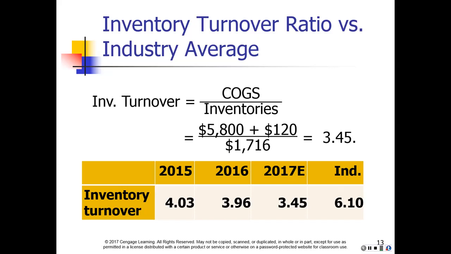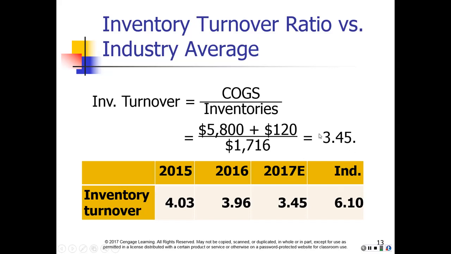Then we divide that by the total level of inventory, and that comes from the balance sheet. The top item comes from the income statement. The bottom item comes from the balance sheet, and we get 3.45.